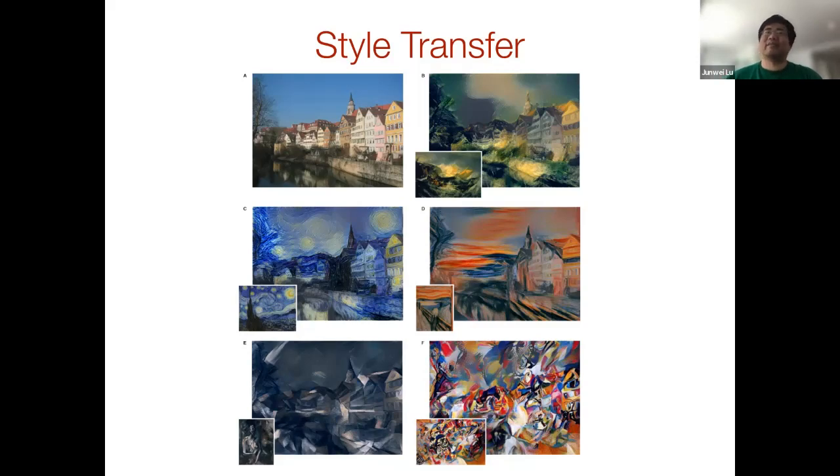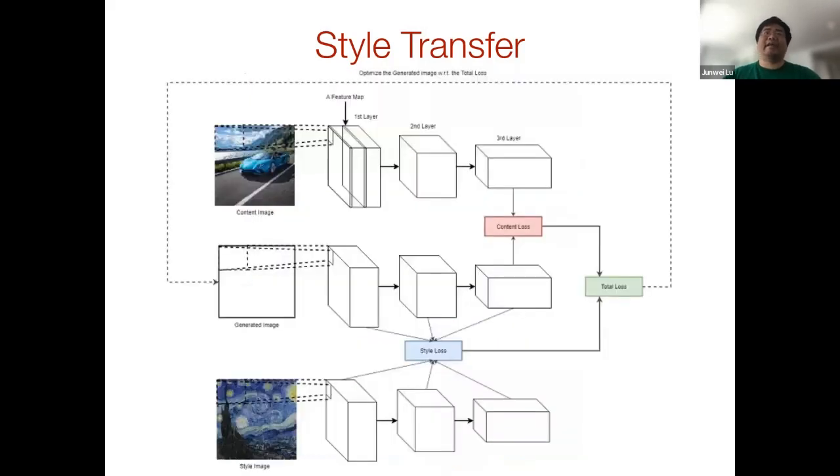You can think about it mathematically. What does style mean in numbers, right? I have a bunch of numbers and another bunch of numbers. So what does that mean? Like, okay, these two numbers have similar style. And the answer can be summarized in this so-called style transfer.